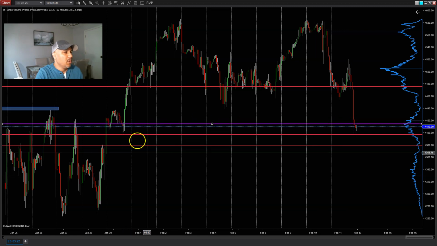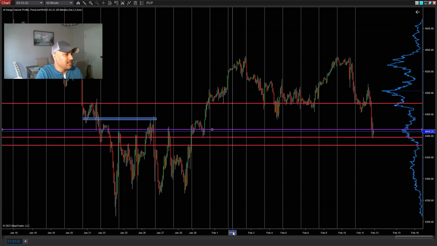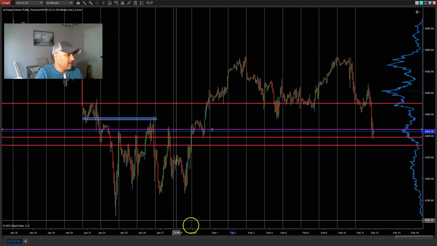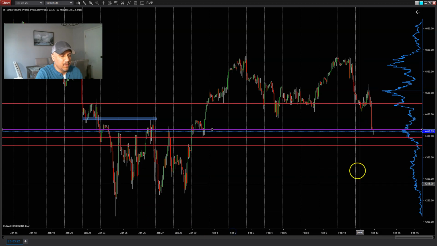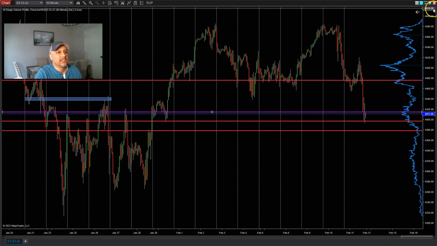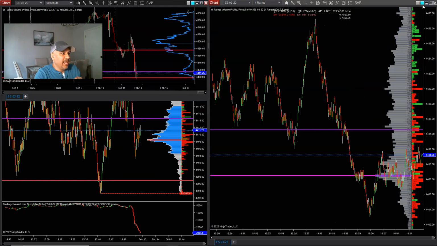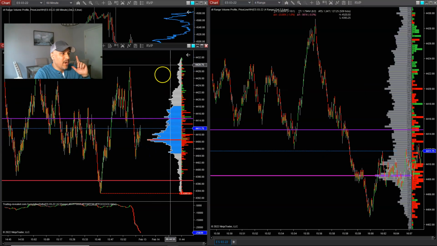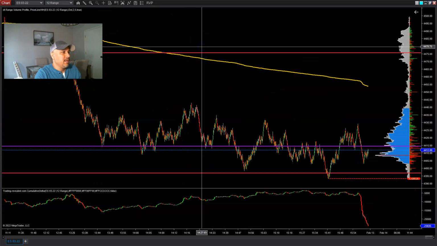So what that tells me is that price is at an area of demand on the 1 hour, bouncing off the higher time frame. Then I'll switch over to my 12 range. If price is bouncing off an area of demand, then I have a bias of looking to go long, right?